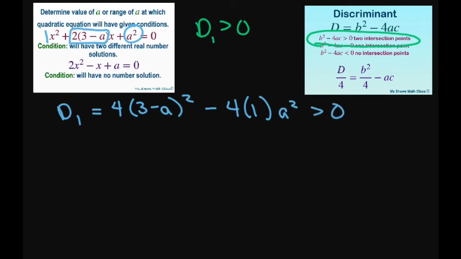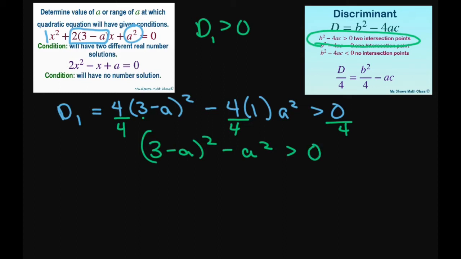So this is going to give us, let's see. Basically, we can divide each of these by 4. So we're going to have 3 minus a squared, minus a squared, is going to be greater than 0.